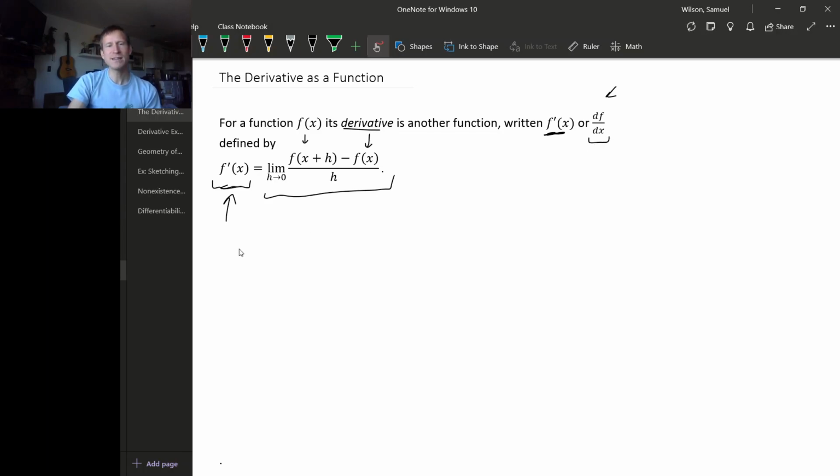So the idea with this notation is, right, the derivative is a limit as h goes to 0 of delta f over delta x. So the idea with this notation is just that, well, delta f and delta x both get infinitely small, and Leibniz used d of something to express the idea of an infinitely small piece of that thing.